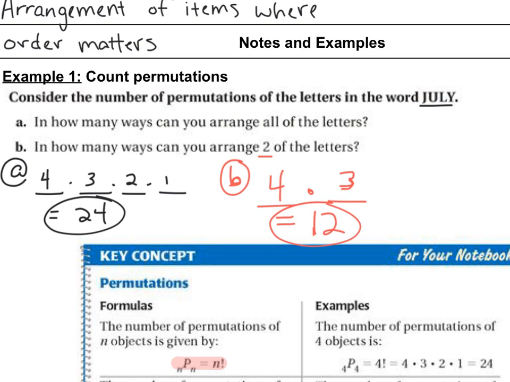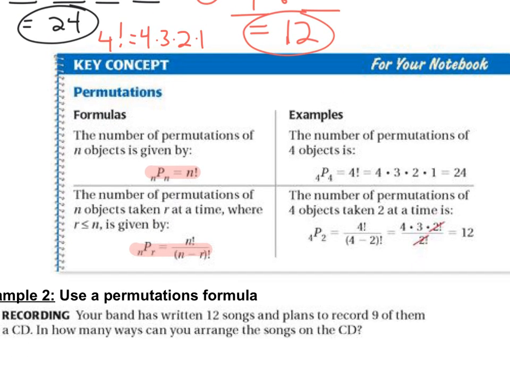A factorial, like 4 factorial, is 4 times 3 times 2 times 1. So it's multiplying all of the numbers below it down to 1. So when that's the case, we use just n factorial.